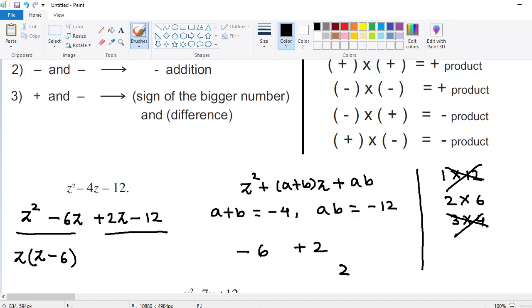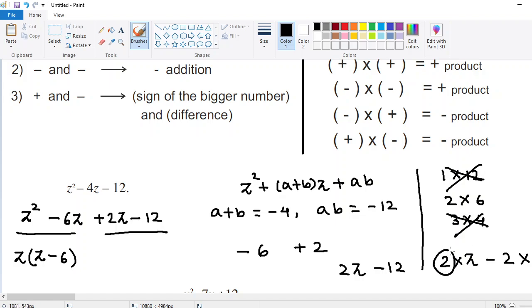This 2z minus 12. 12 can be written as 2 into 6. As we have 2 here, suppose we have 3 here, then I will write this 12 as 3 into 4. But as the coefficient in one term is 2, we will write 12 as 2 into some number.